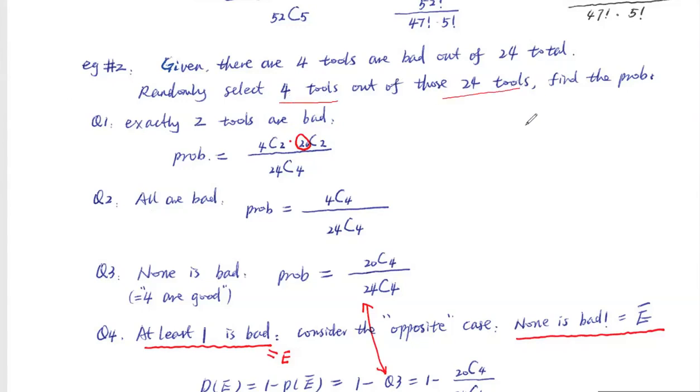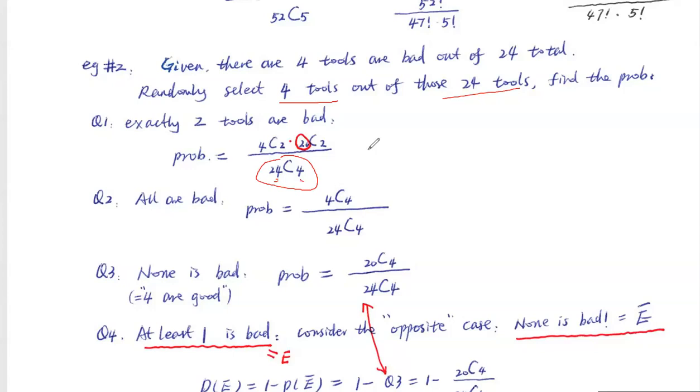How many choices do we have? Do we care about the order? They did not mention that, which means they don't care about the order. So it is a combination. The denominator is choosing 4 out of a total 24. That's how many cases we have.